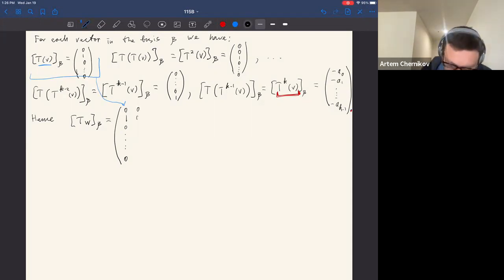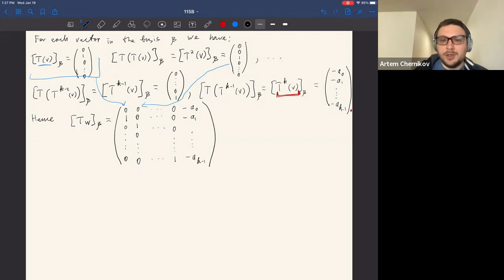So we have 0, 0, 1, followed by zeros, right? So this is just the second one, etc., right? So I continue placing the columns. So then I have 0, 0, 0, etc., and all the way to 1. Okay. So let's write here dot, dot, dot. And finally, for the final column, I have minus A0, minus A1, right, etc., minus A k minus 1.